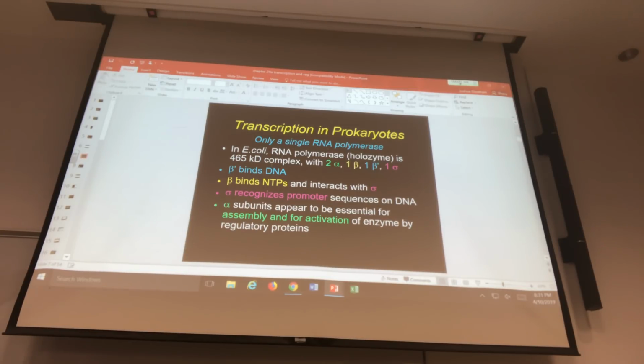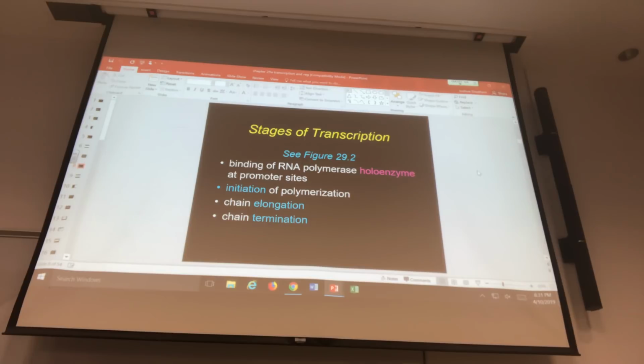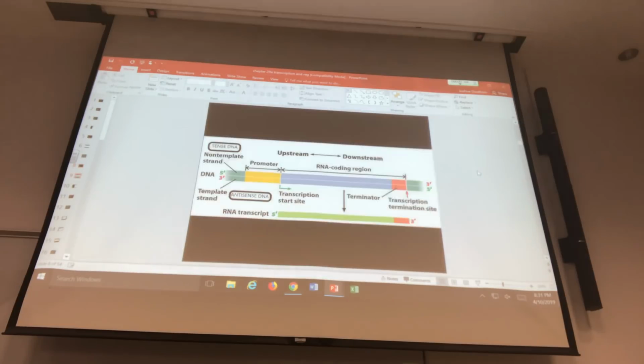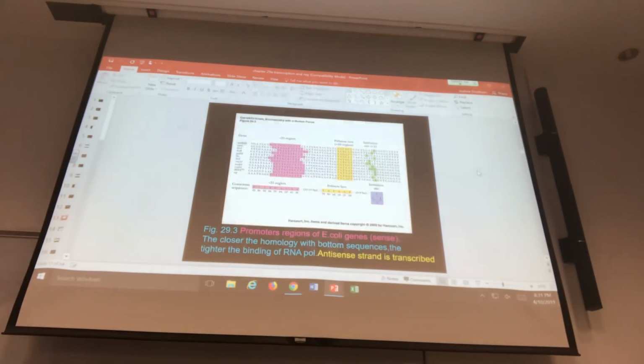It is made of different subunits, each subunit having a known function associated with it. And in terms of transcription, prokaryotic transcription, it can be divided into 3 steps. Before we get to the 3 steps, we need to cover a concept called consensus sequences. All right.